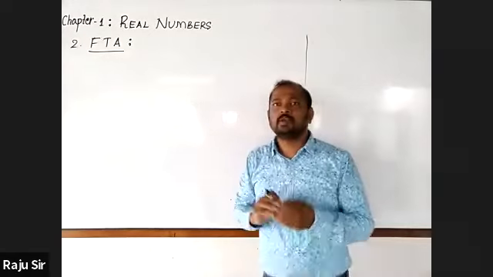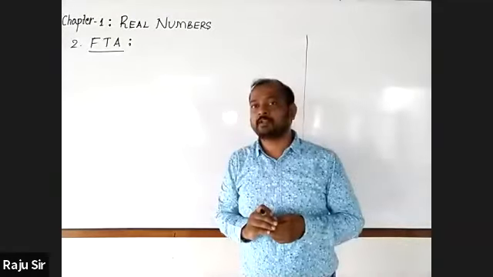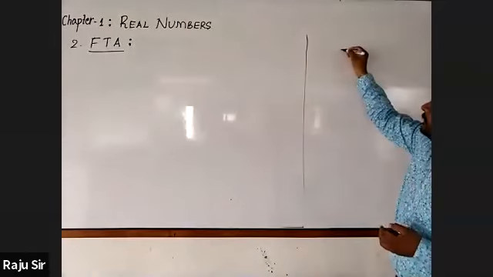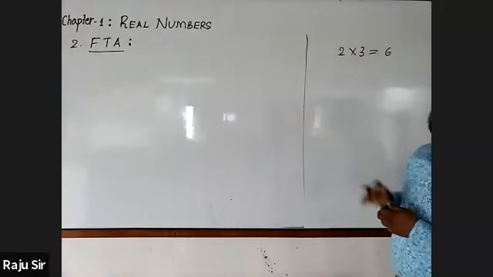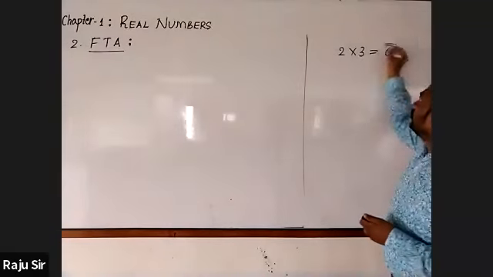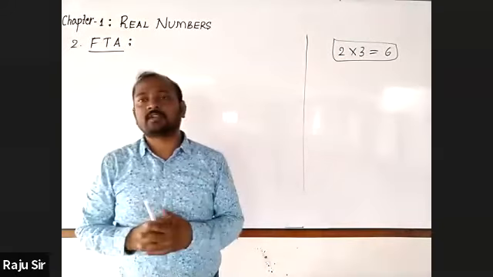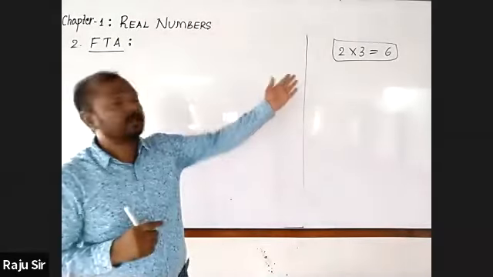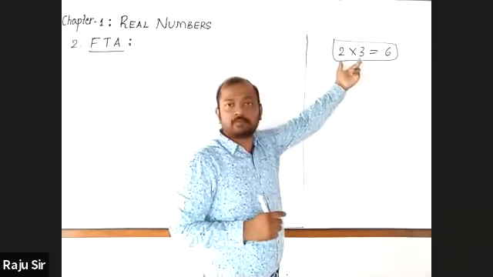Dear students, you are very familiar with both multiplication and factorization, right? If I write 2 into 3 is equal to 6, then whether it is multiplication or factorization, yes, you are right, it is multiplication, because here we have found the product of 2 and 3.